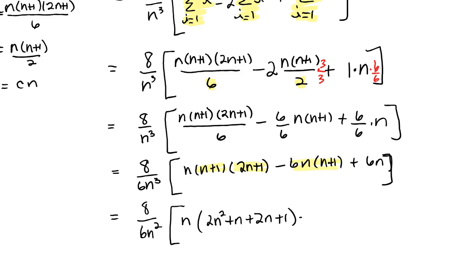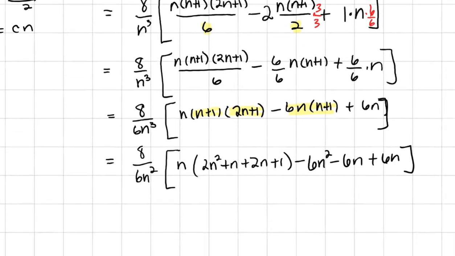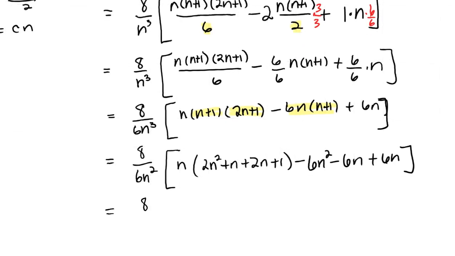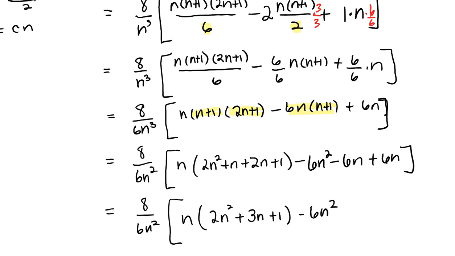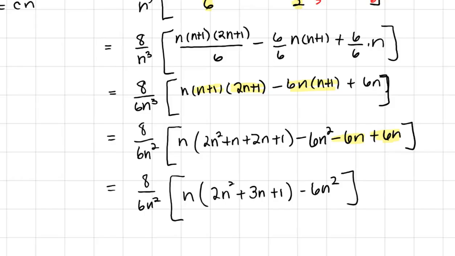That will give me minus 6n squared minus 6n plus 6n. Can combine like terms in the parentheses. That's 2n squared plus 3n plus 1 minus 6n squared, and then these terms over here, minus 6n plus 6n cancel each other out.